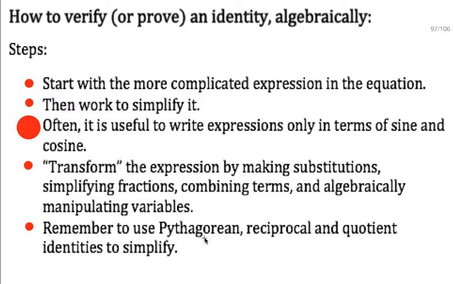If you have any squared terms or any ones, it's an indicator that a Pythagorean identity will help. Your reciprocal identities, if you have secant or cosecant, you can use to get rid of those, and then quotient identities to get rid of tangent or cotangent.